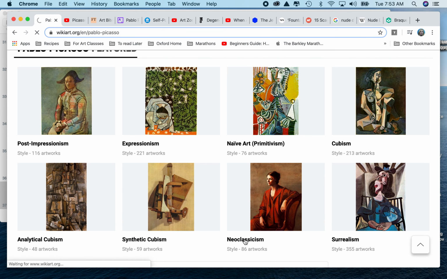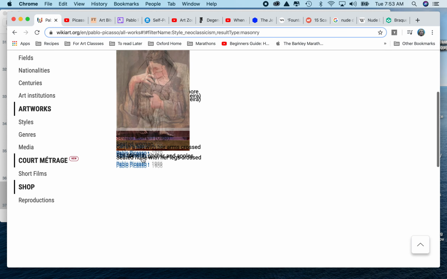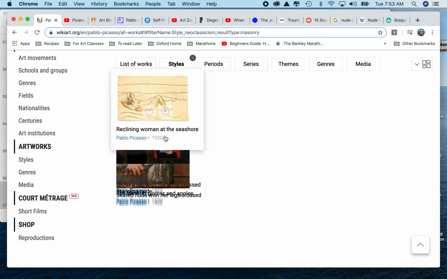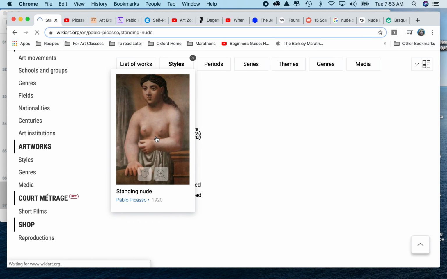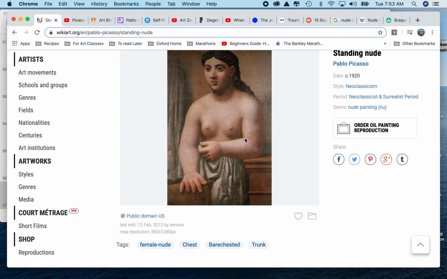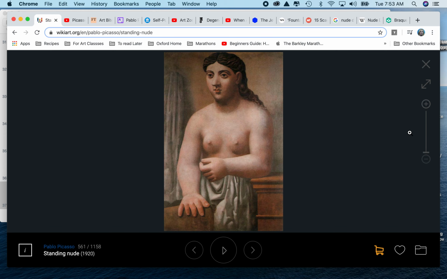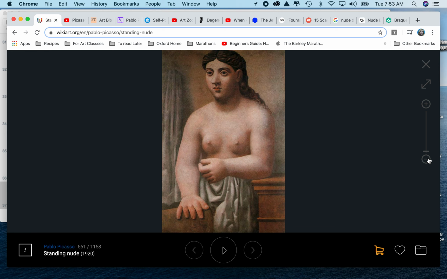So he went through all these different styles. Let's look at this one. This is one of his neoclassical styles. But as you can tell, he has a very unique way. This looks a little bit almost like what you might have seen around Miami, a Botero.